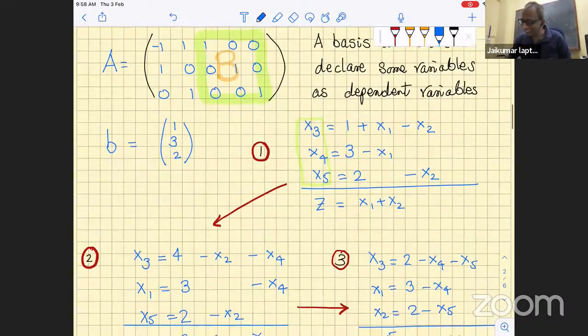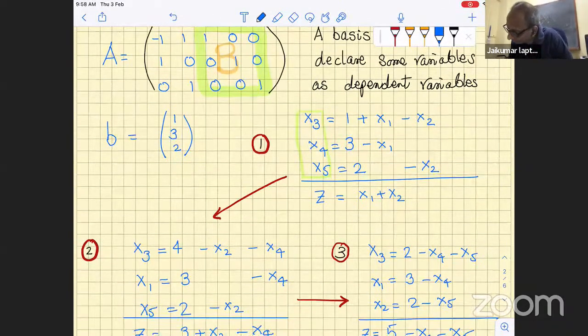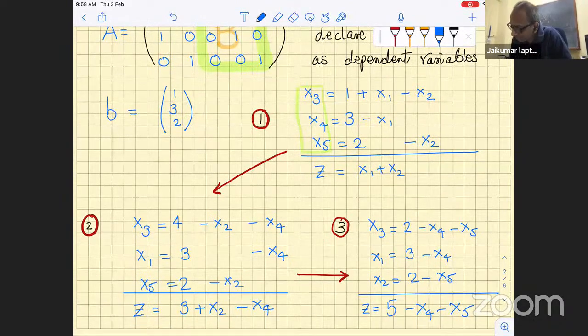Okay, yeah, good. So now, at this point, let me just go through the motions, then we will see what the principle is. Right now the current solution that I'm sitting at is this. X3 has been assigned some value, X4 has been assigned some value, X5 has been assigned some value, and X1 and X2 have been assigned the value 0.